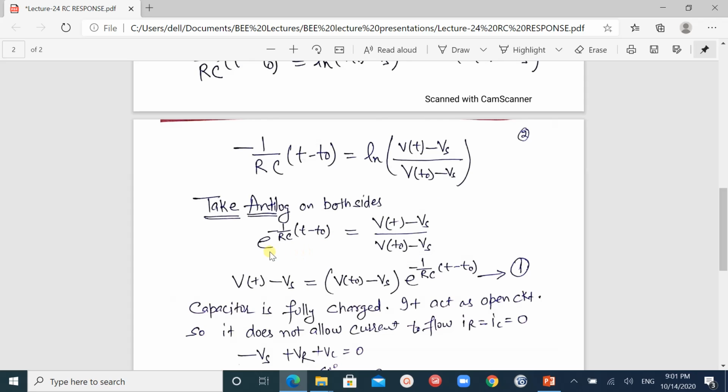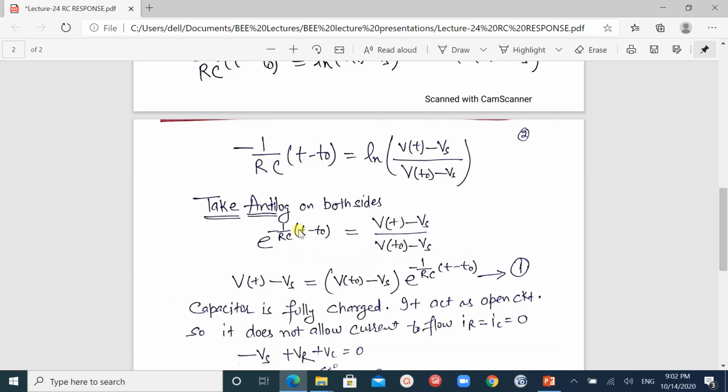The equation will become e raised to power minus 1 by RC into (t minus t naught) is equal to (Vt minus Vs) upon (V t naught minus Vs). Here we have the final time and here we have the initial time.